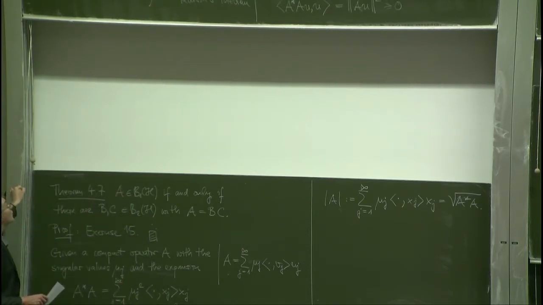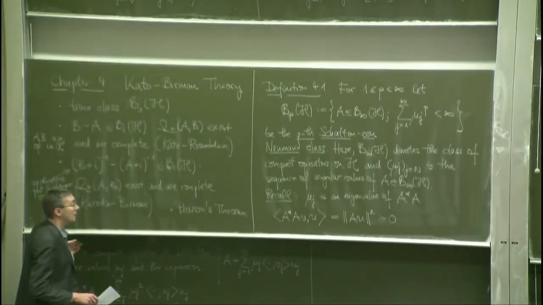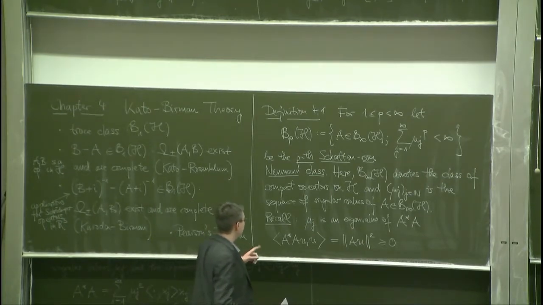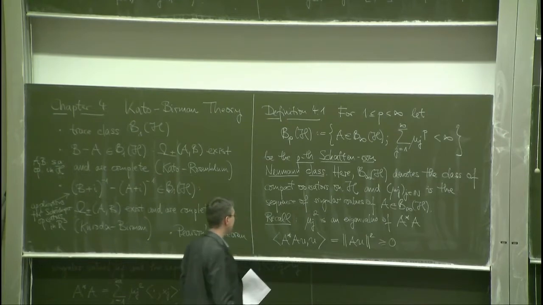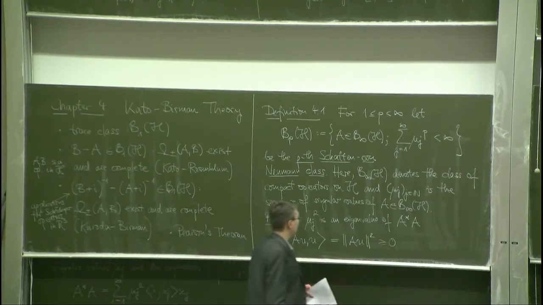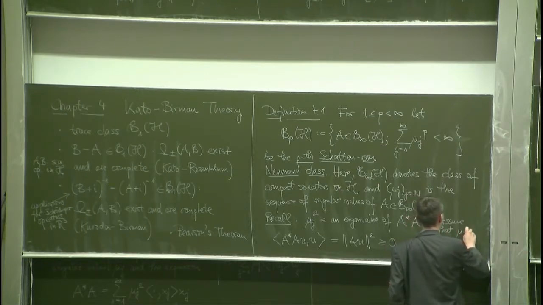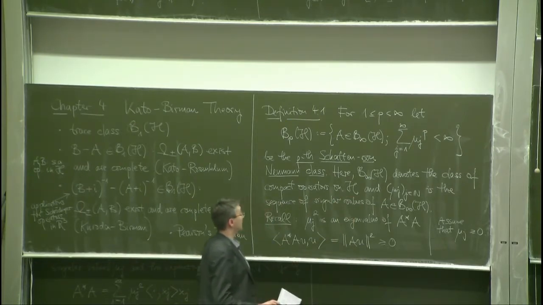Maybe we look back onto the first blackboard. Maybe this was not clear enough from my side. Here we have to correct that. Then we assume, for simplicity, that the mu_j are non-negative, so that this representation here makes sense.